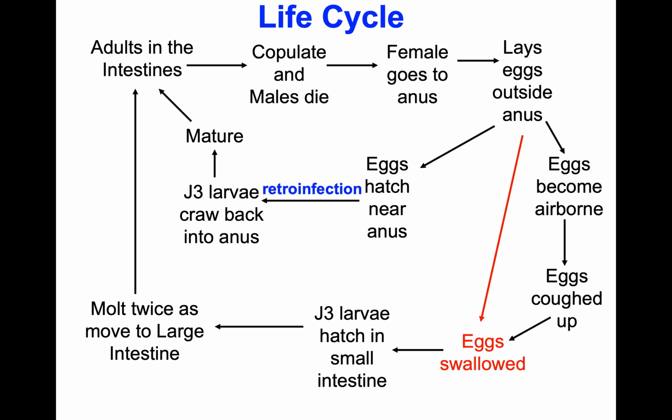And sometimes eggs are directly swallowed, and sometimes eggs become airborne, and the eggs are inhaled through the body and then coughed up into the GI tract, and then the eggs are swallowed again. So the stage 3 larvae hatch in the small intestine, and they will molt twice as they move to the large intestine. And then this is the whole life cycle.